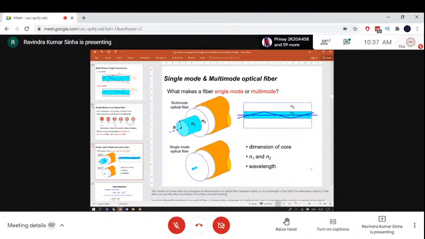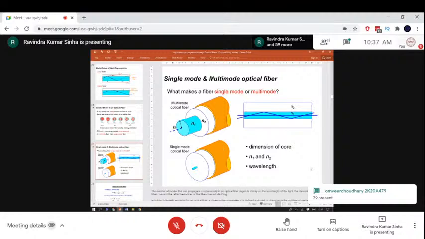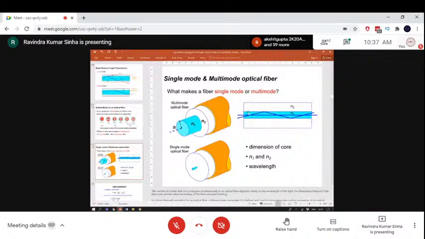And if many modes are there, many modes means many possible rays, then you call it a multi-mode fiber. In a typical example here, you see the core diameter is this much. So this range is also possible, this is also possible, and in between too. So many ways are there to go, so we call that a multi-mode fiber.